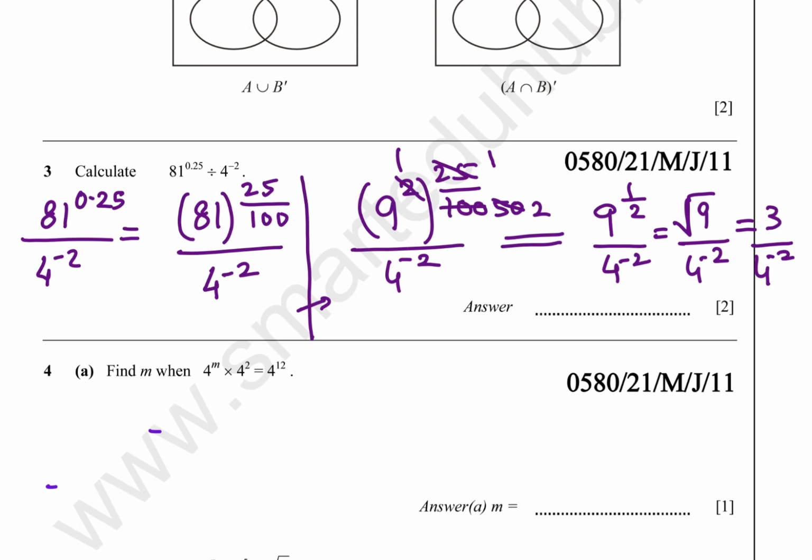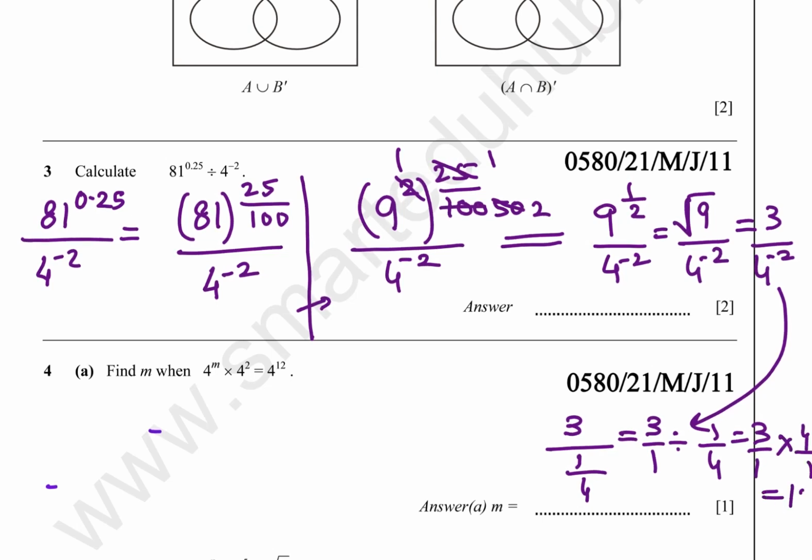So what I'm going to do here is change this into a further reduced form. So 3 divided by 4 raised to minus 2 is 3 divided by 1 upon 4. And like I told you, when there is no denominator, it means 3 upon 1. This 3 upon 1 divided by 1 upon 4 means 3 upon 1 into 4 upon 1, which is 3 into 4, which is 12. So the answer here is 12.